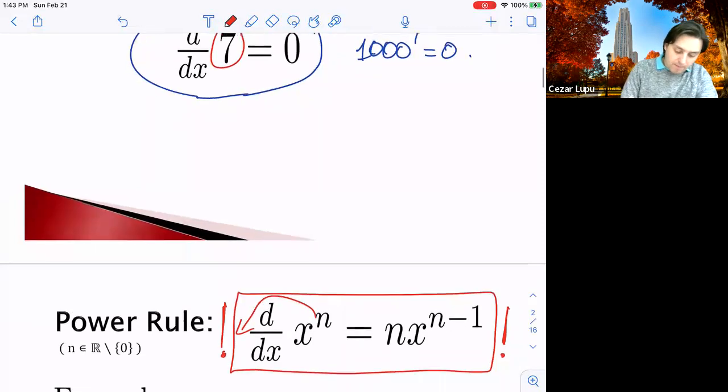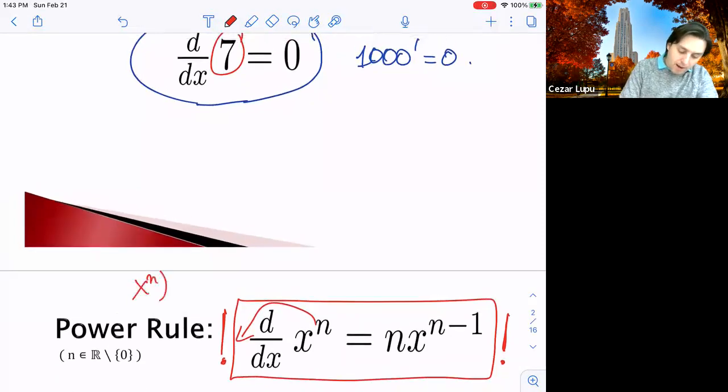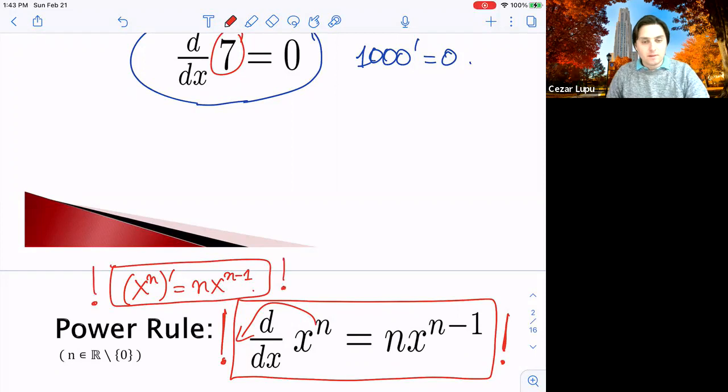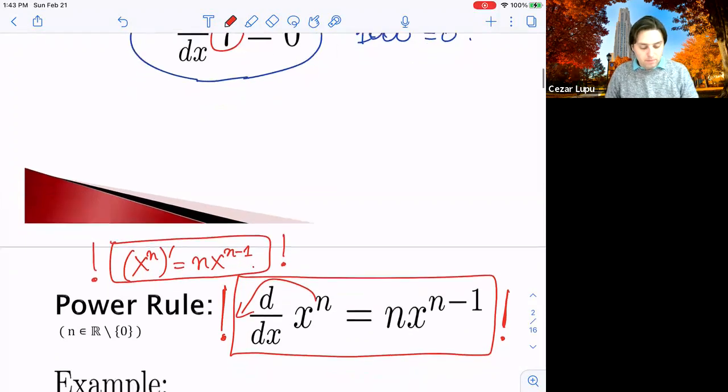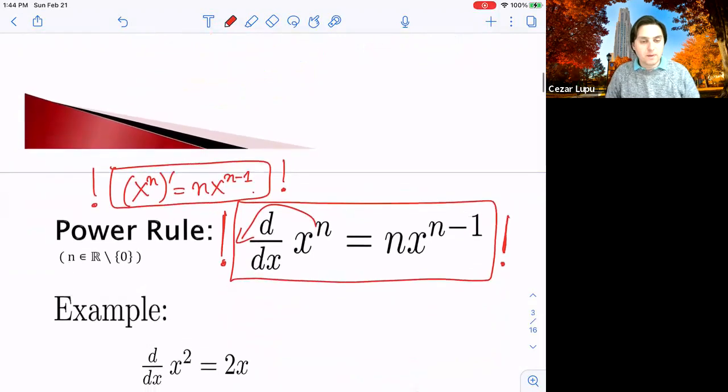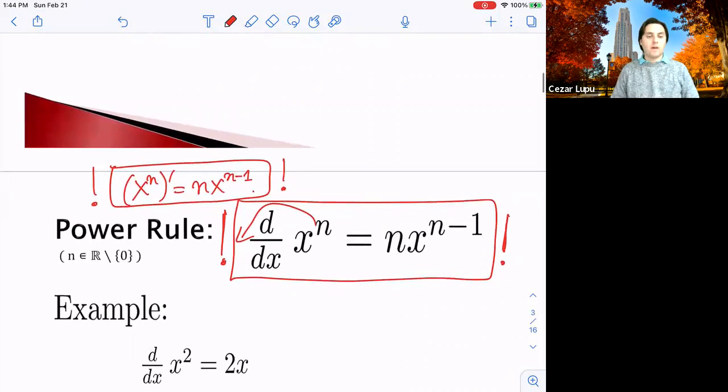Or you can write this in the following way: x to the power n prime is n times x to the power n minus 1. So that's what you need to know. This is the power rule. All right, now let's see an example. For example, let's take the derivative with respect to x of x squared.